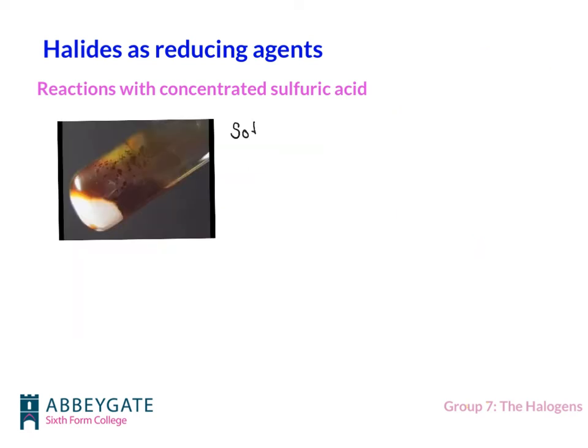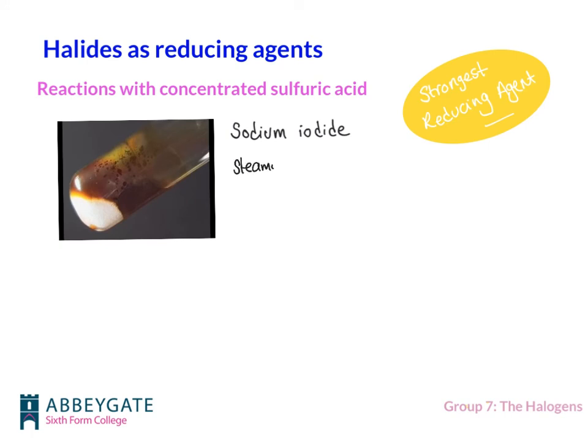So finally, let's consider what happens if we use sodium iodide. Now, sodium iodide is quite a long way down, so it's our strongest reducing agent. It's a big atom, it's got lots of shielding, there's not very much attraction from the nucleus to those electrons in the outer shell, so it's easier to lose them.